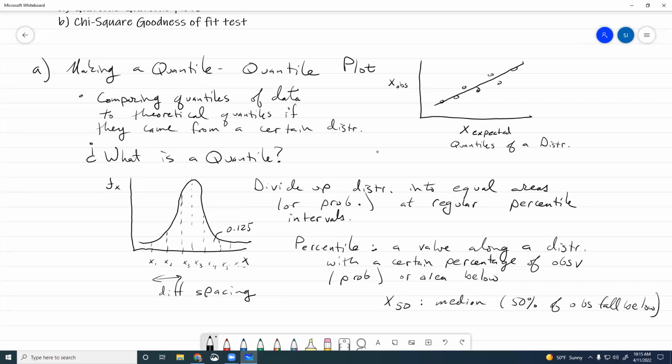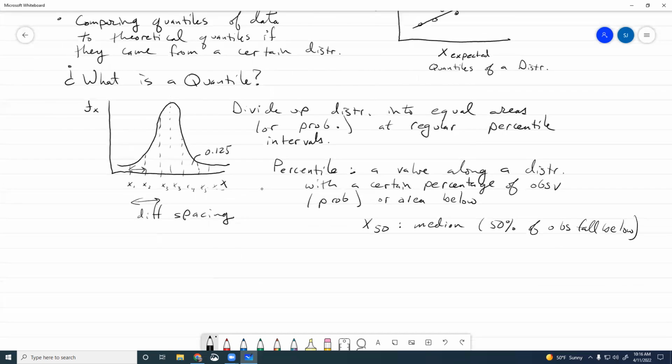So what this allows us to do is say, if we had a normal distribution, let's pick a series of X values that are equally spaced in terms of probability or observations, and then compare that to where our actual observations fall. Let's talk about how to actually do that.